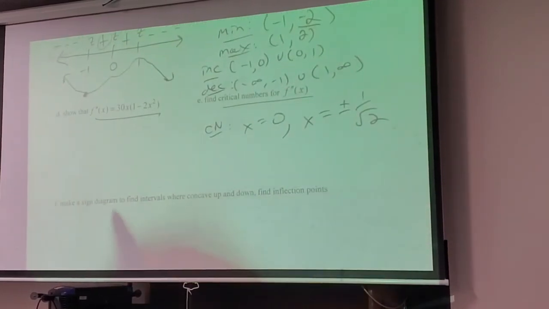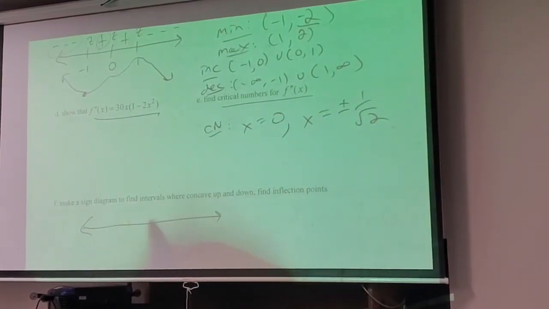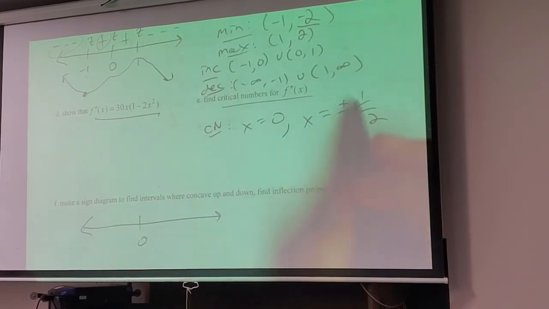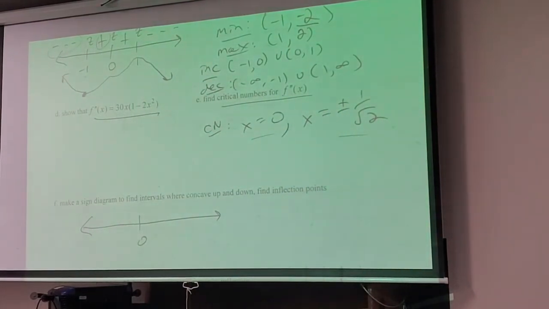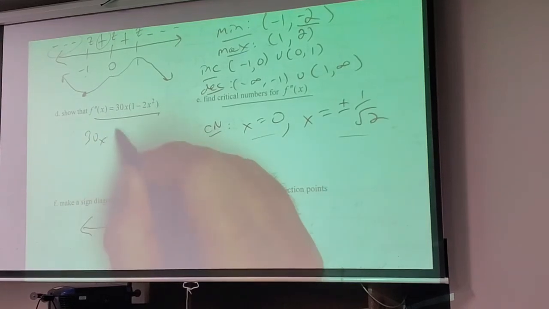All right, so now we can make a sign diagram to investigate these things. What's the multiplicity of each one of these, where they came from? Can you guys factor this?